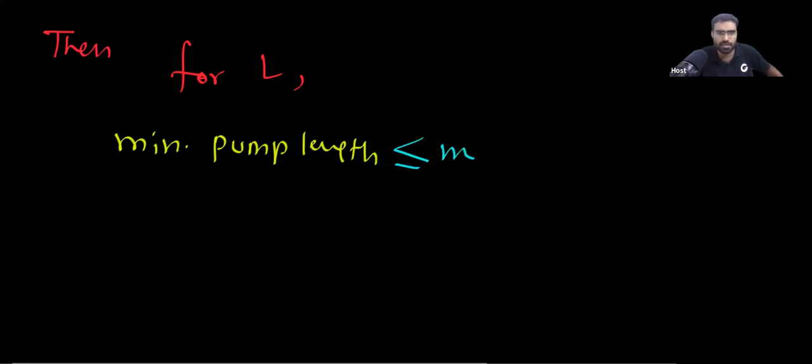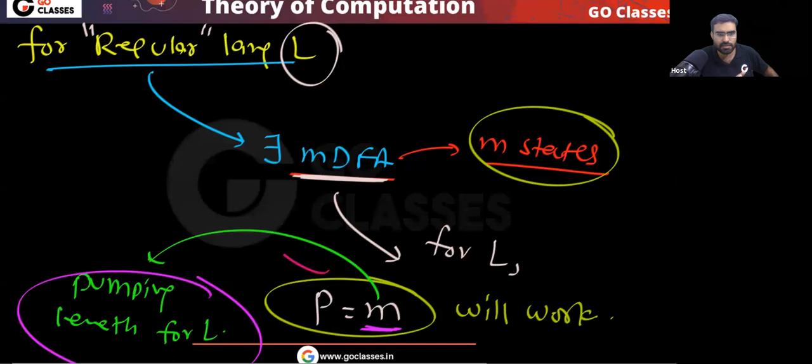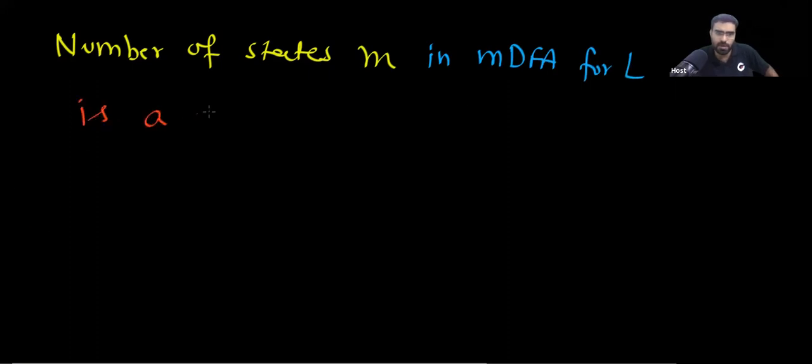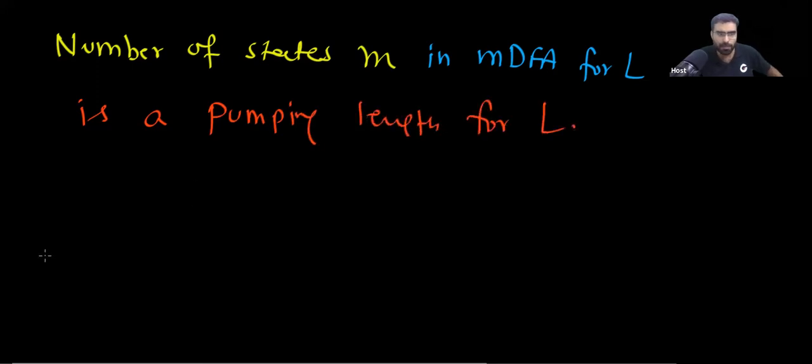See, this M is working as a pumping length. Remember this point. Please understand, the number of states M in the minimal DFA for L is a pumping length for L. So what will be the minimum pumping length?